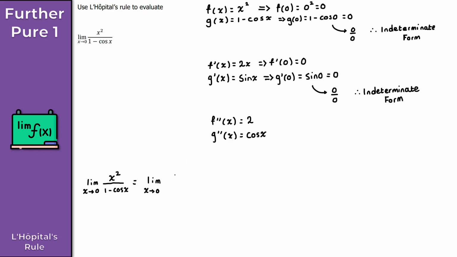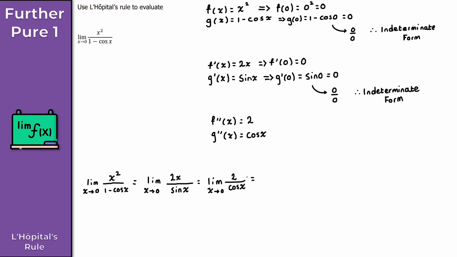We get 2x over sine x. And this is equal to the limit as x tends to 0 of f prime prime of x over g prime prime of x. So that's 2 over cos x here.